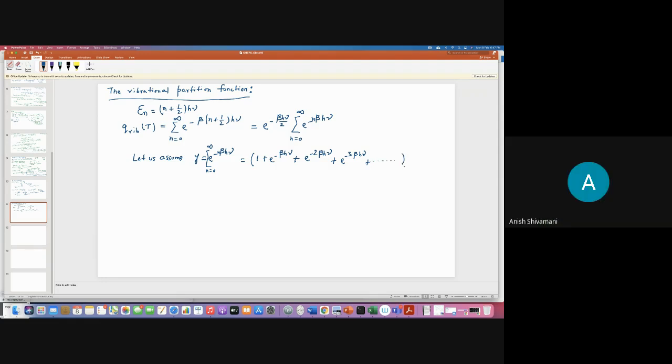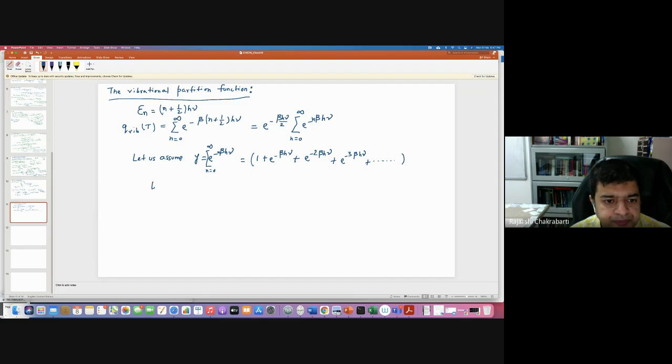Yes, sir. And let this be x. So what I have here is 1 plus x plus x square plus x cube. There is an infinite series because there are an infinite number of terms in that series. So I can take this x common here.